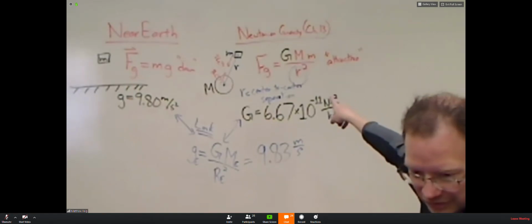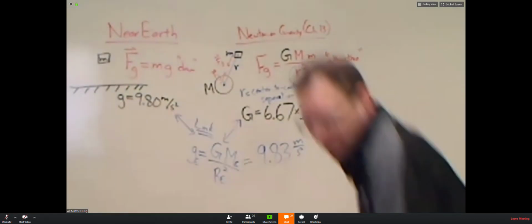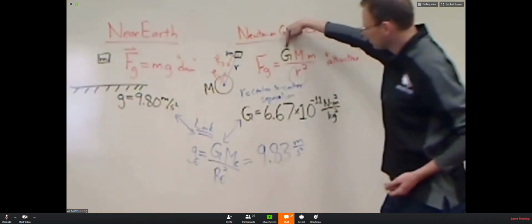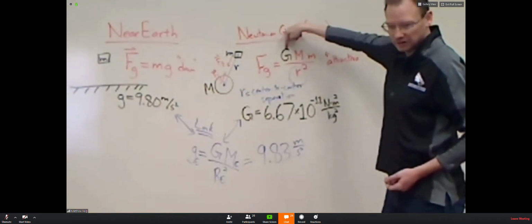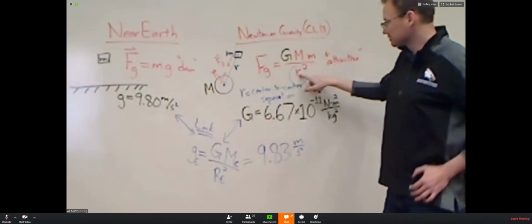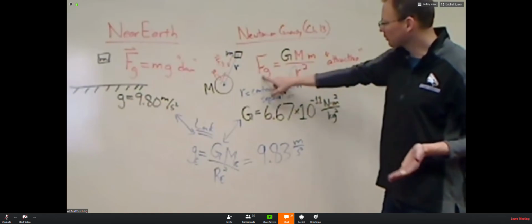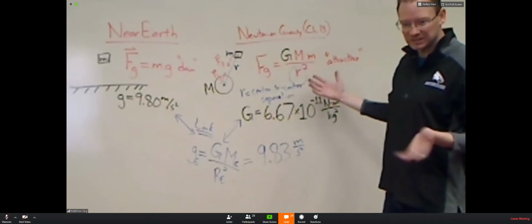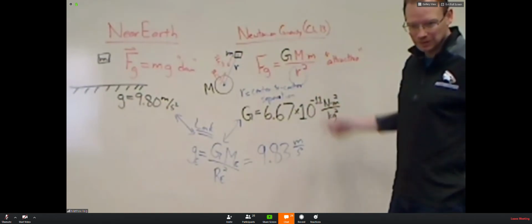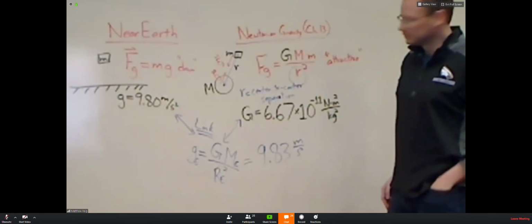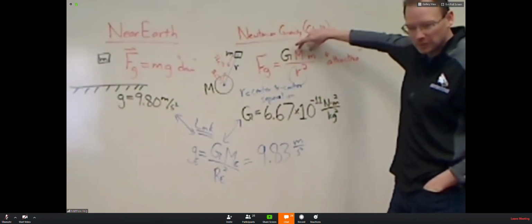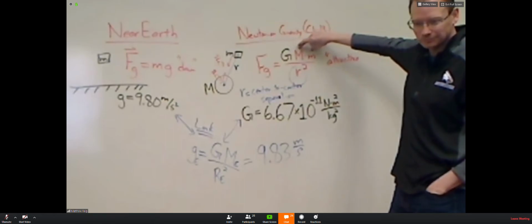And the R's are usually pretty big R's. So G is really small, very small. R is usually quite large. How do you ever get a force that's not incredibly tiny from this calculation? You got to have one of the masses be humongous, right?